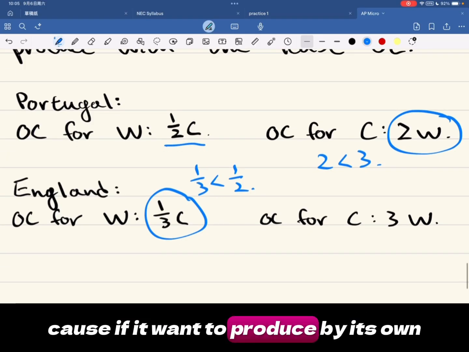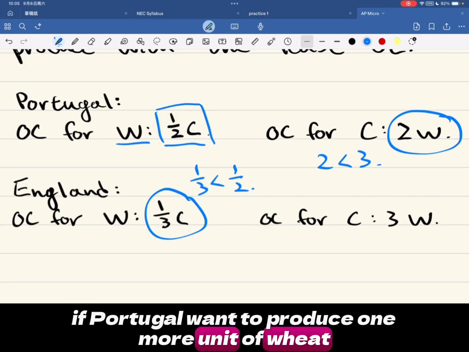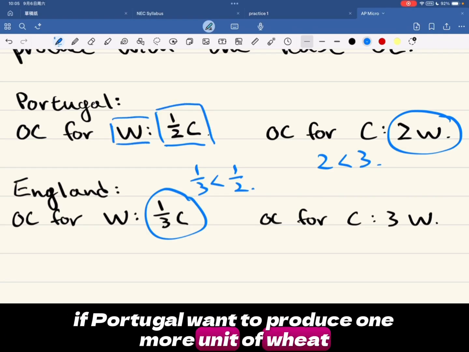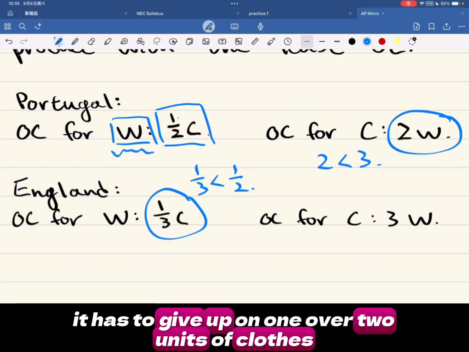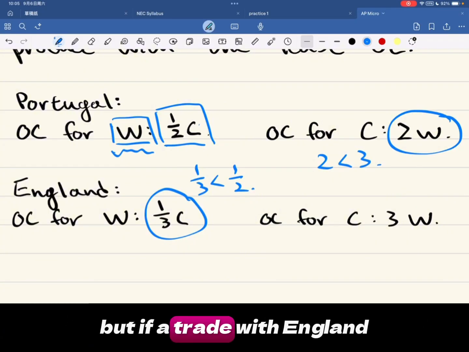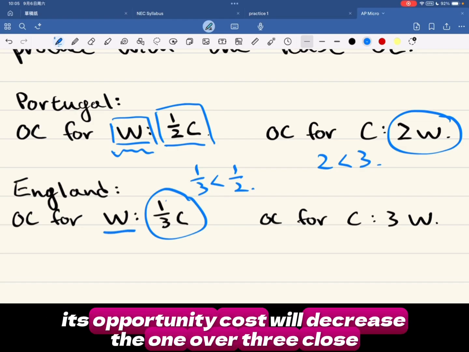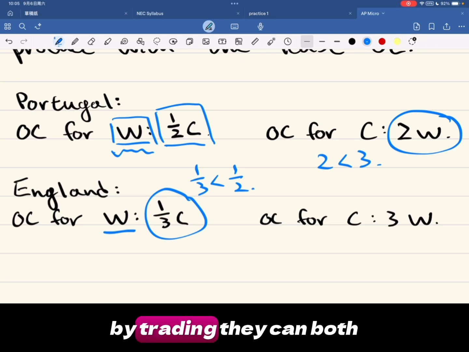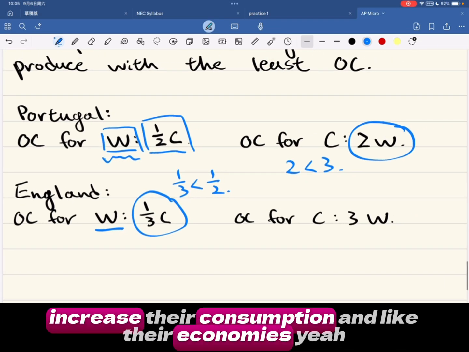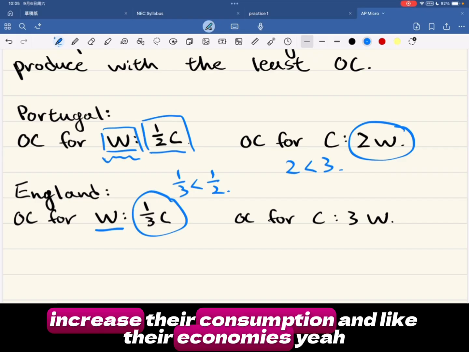If Portugal wants to produce 1 more unit of wheat by its own, it has to give up 1/2 unit of clothes. But if it trades with England, its opportunity cost decreases to 1/3 clothes. And by trading, they can both increase their consumption in their economy.